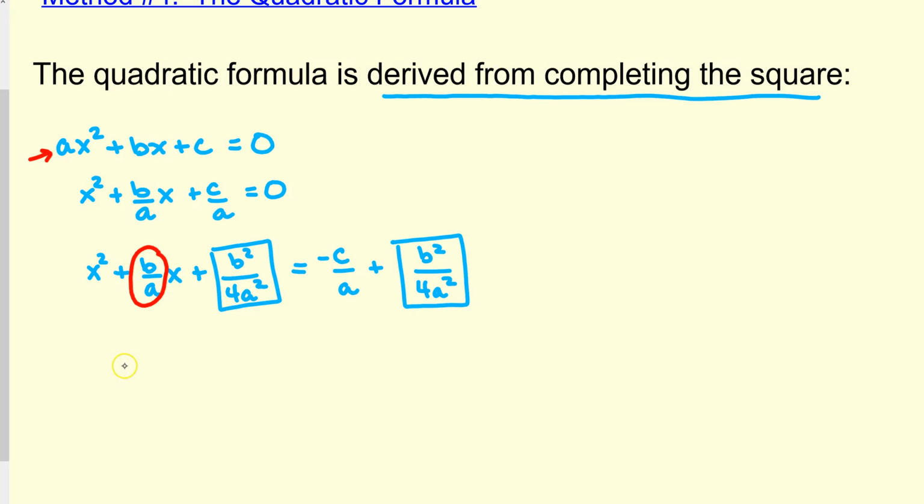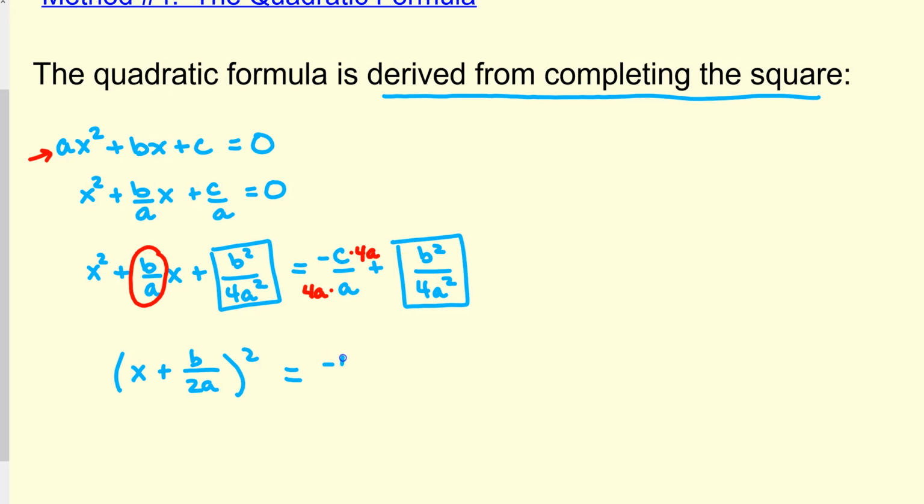At this point, what we do on the left is we write it in its factored form, so we would have x plus b over 2a quantity squared. And then what we typically do on the right side is we get a common denominator so that we can add the two fractions together. So I'm going to multiply the numerator and the denominator of the first fraction by 4a so that we have a common denominator.